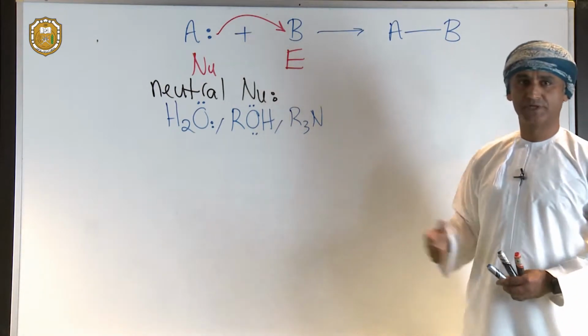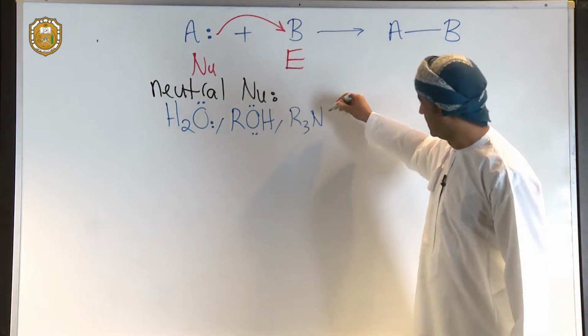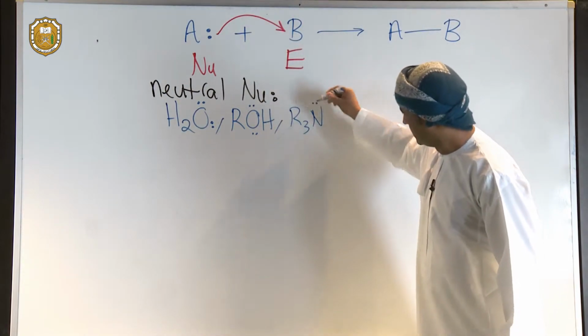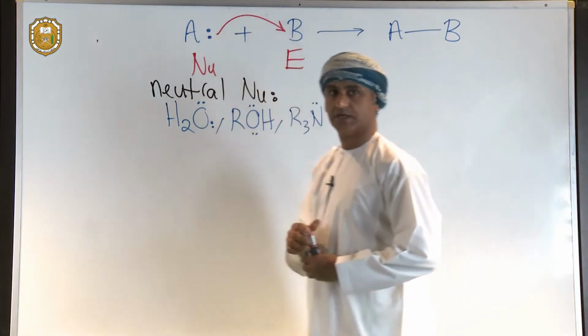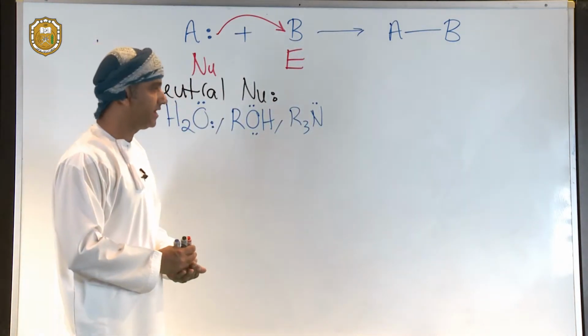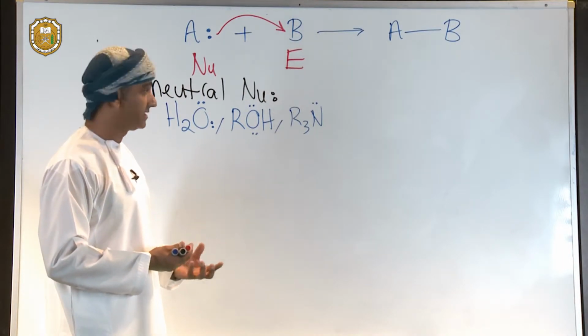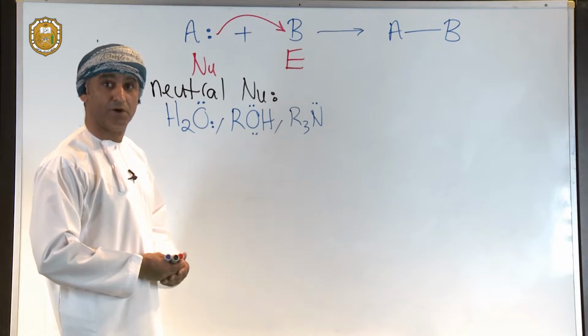It could be simply ammonia, it could be a primary amine, a secondary amine. The nitrogen again has a lone pair, and therefore amines are another example of a neutral nucleophile, and they behave as nucleophiles in organic reactions because they have the required lone pair.